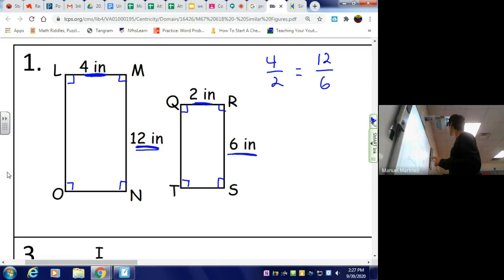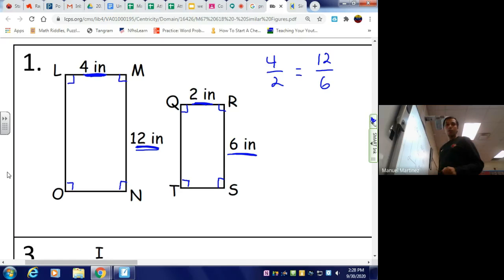Good. How do we check if they are proportional? There are at least 2 ways. At least 3 ways. So let's do at least 2 different ways.